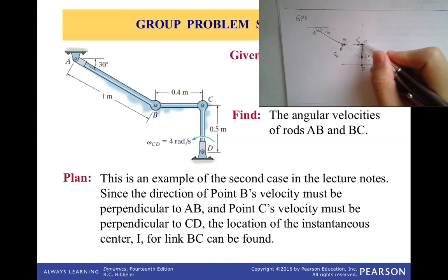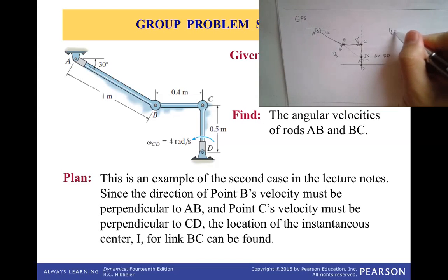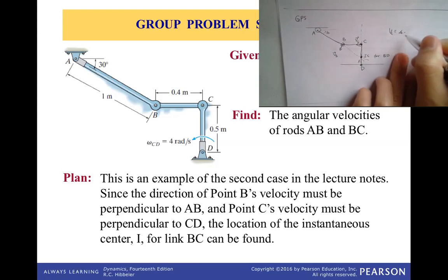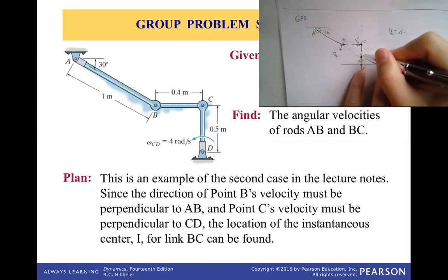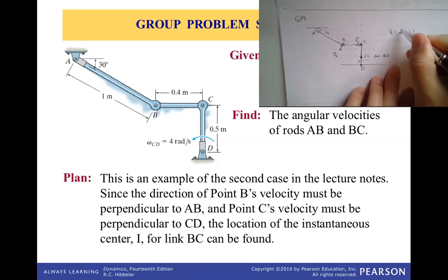So we can figure out VC given that CD is rotating with 4, okay? So then VC should be equal to 4 times the length of CD, which is given as 0.5, okay? It will be omega of CD times R of CD, okay? So that gives us 2 meters per second for VC.